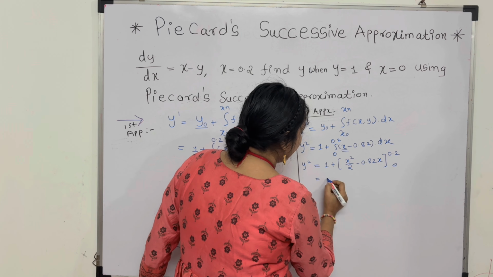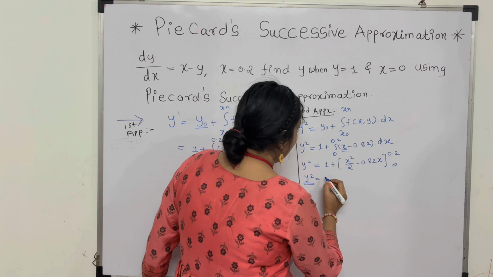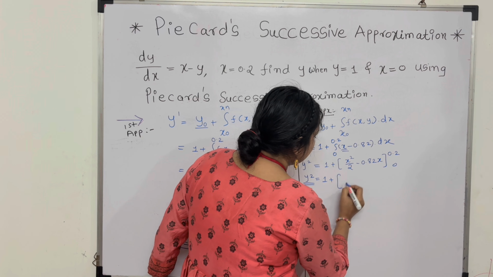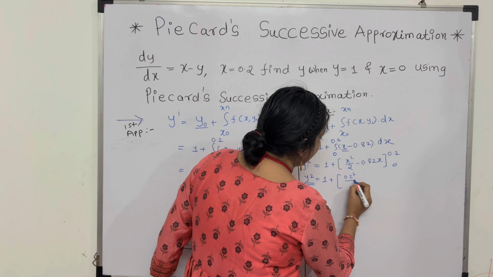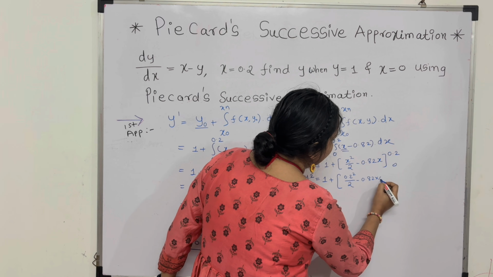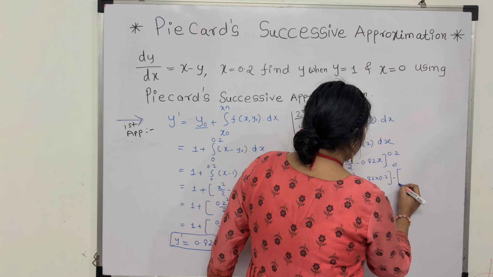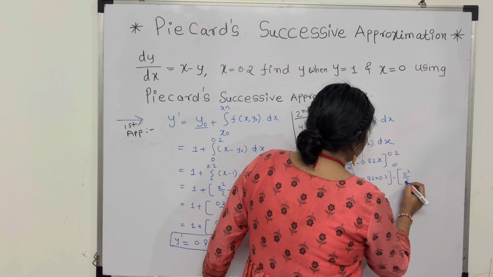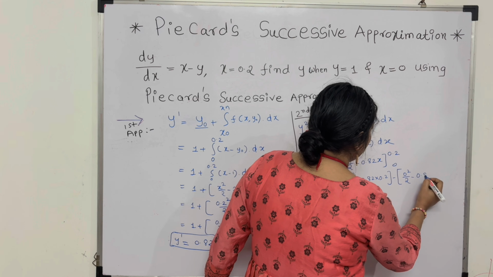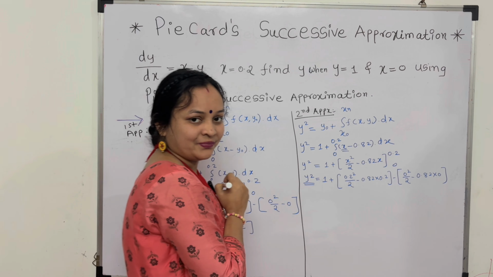So similarly, now you are getting the value of y2 here, that is 1 plus 0.2 square by 2 minus 0.82 multiplied by 0.2, minus 0 square by 2 minus 0.82 multiplied by 0, right?